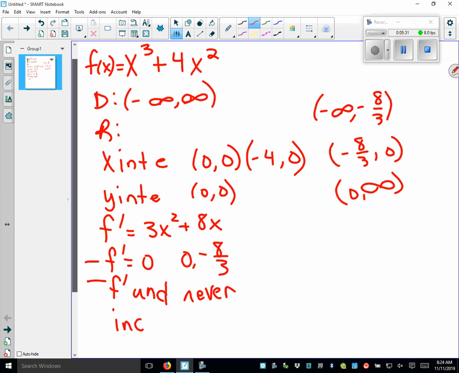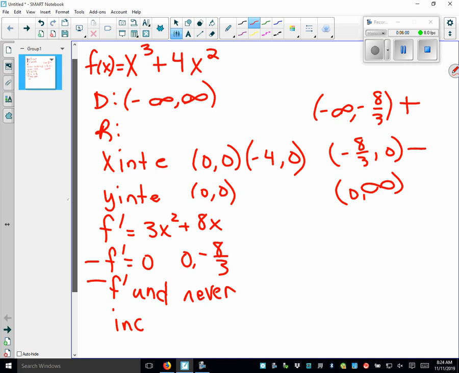So in the derivative, pick a number between negative infinity and negative 8/3. Negative 3. That gives me positive, it's increasing. Pick a number between negative 8/3 and 0. Negative 1? And that is negative.